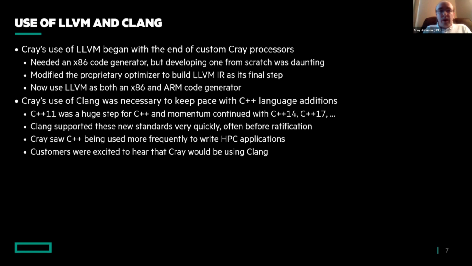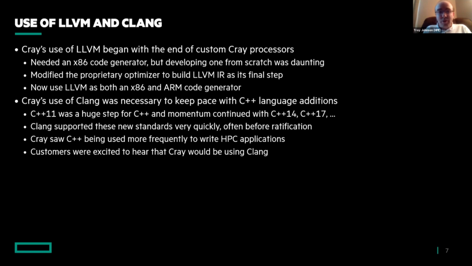The next part is, well, why did we switch out the C and C++ front end? Couldn't we have kept that the same? Well, we really found that using CLANG was necessary to keep pace with C++ language additions. I would say C++ had been dormant for a while until C++11, and then it really took off.